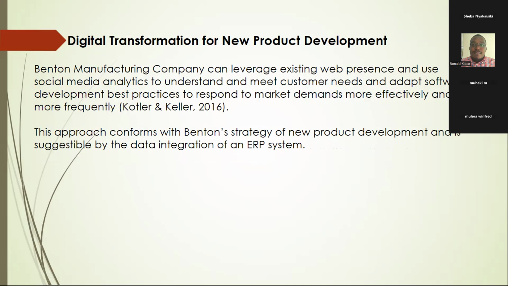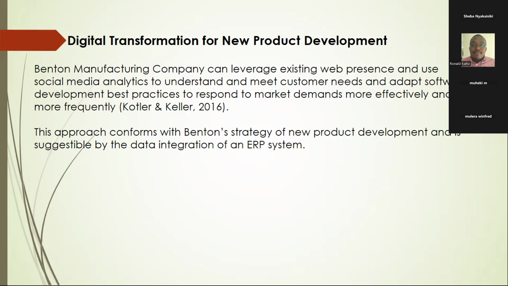Next is the digital transformation of new product development. Benton's manufacturing company can leverage its existing web presence and use social media analytics to understand and meet customer needs, and adopt software development best practices to respond to market demands more efficiently and more frequently. In this case, you can see, for example, Facebook.